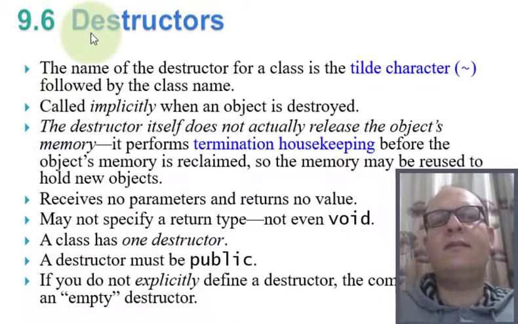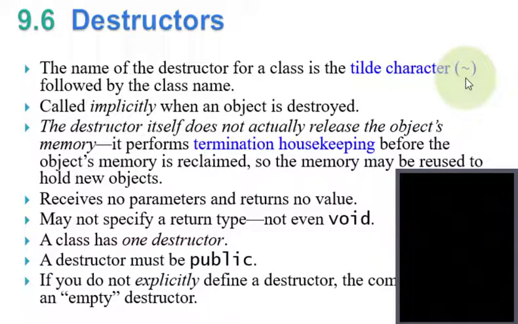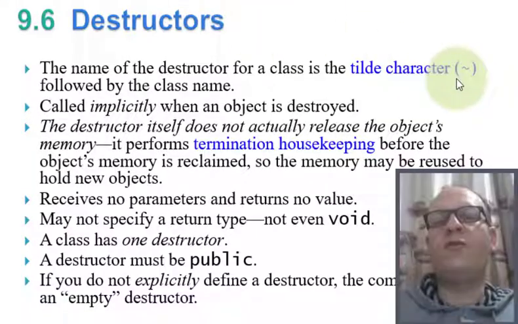Now we will discuss destructors. Like a constructor, the destructor will be a member function in the class with the same name as the class name. It has the same name as the class but preceded by the tilde character. This character is called the tilde character. So the destructor is exactly like the constructor. What is the difference between them? Both use the same name as the class, but the compiler distinguishes the destructor by the tilde character in front of it.